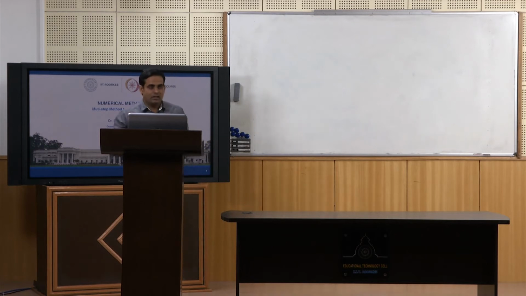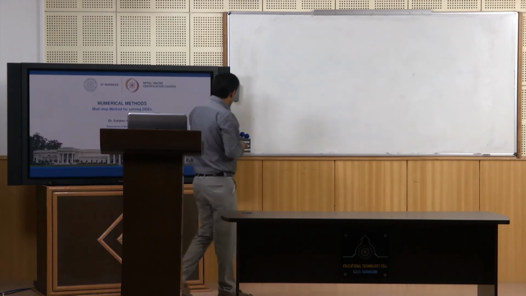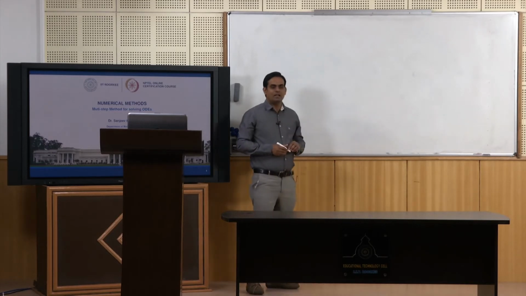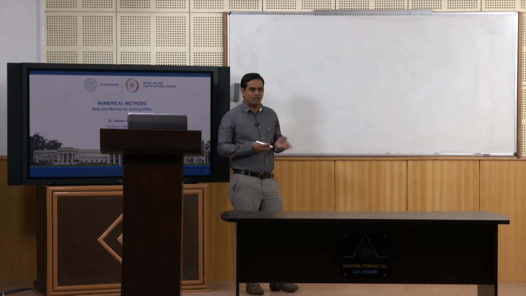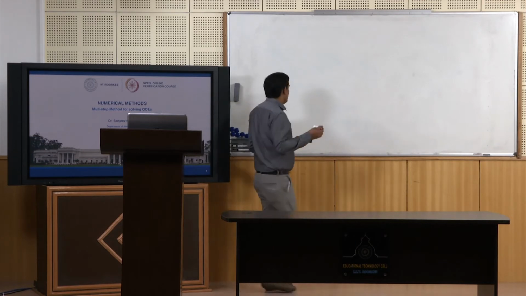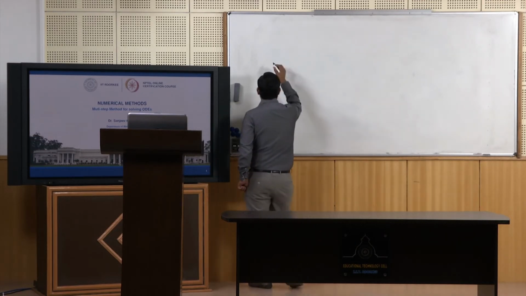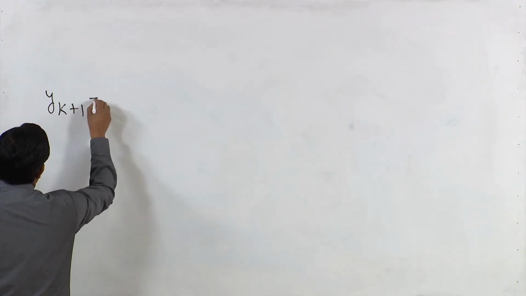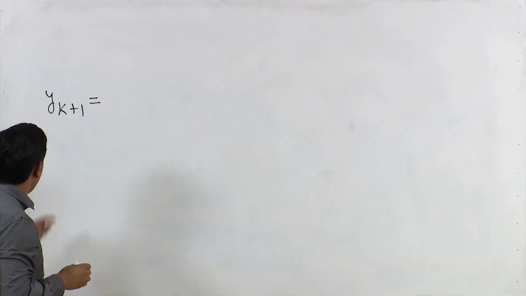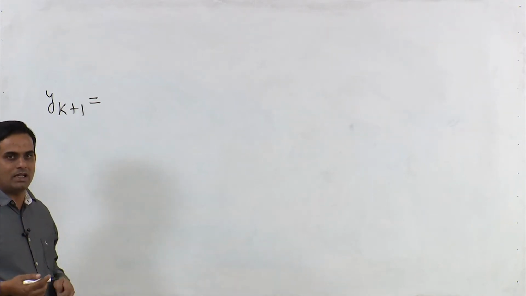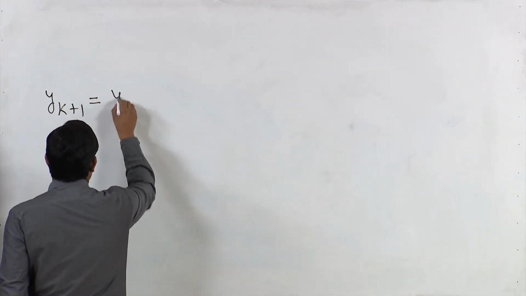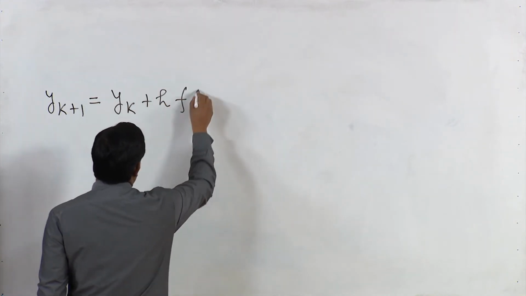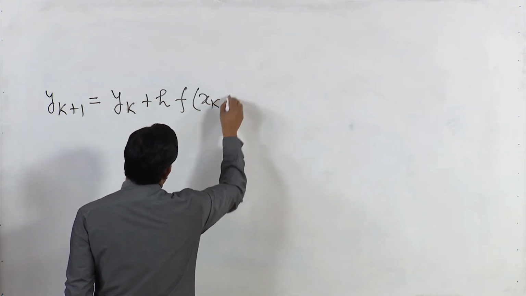So in the past few lectures we have talked about Euler's method and then Runge-Kutta methods of order 2 and order 4. In all those methods, like in Euler's method, we have taken our approximation of y at x equals xk plus 1 as yk plus h times f of xk, yk.